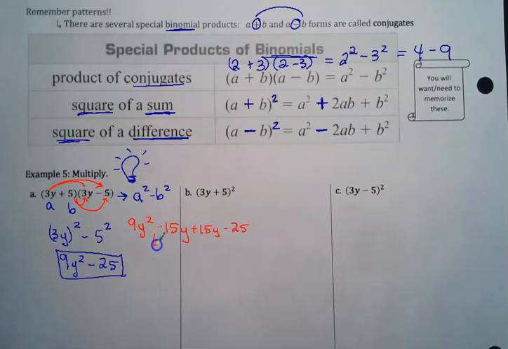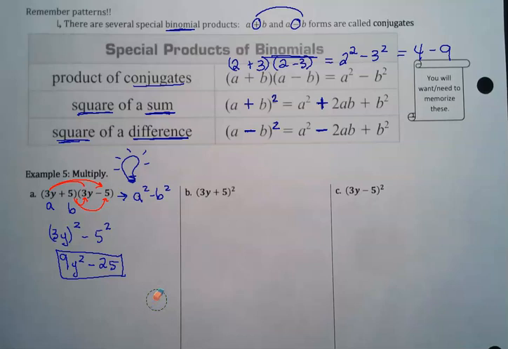I have like terms right here, negative 15y plus 15y, that cancel. So I am left with 9y squared minus 25, which is exactly what my shortcut told me was going to happen. Okay, that's what I want you to see, is these are truly a shortcut. You can skip all the FOILing work if you have it stored in your brain. And if you forget it, you know how to go back and do it.